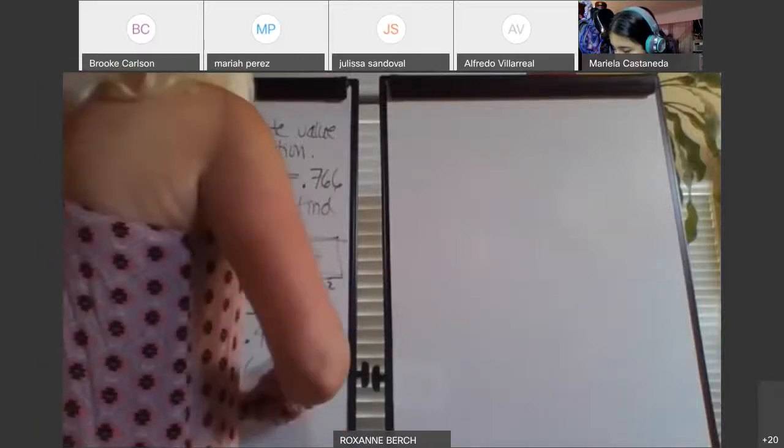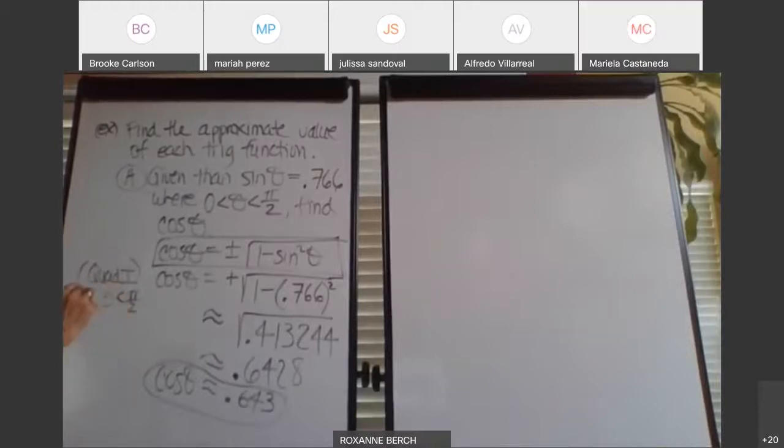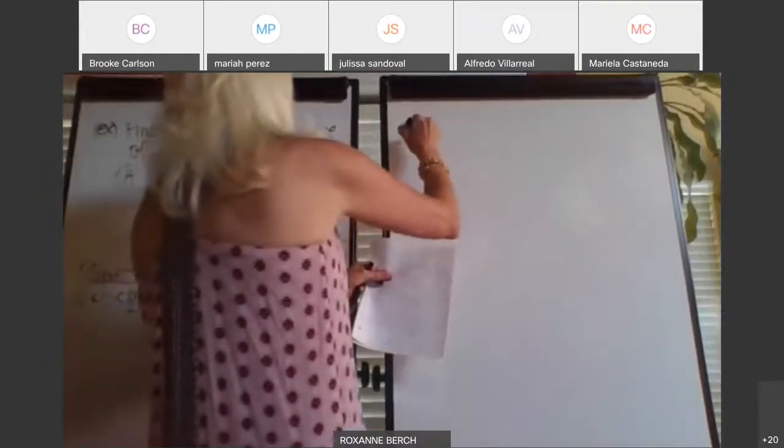Let's try another one. So this quadrant one was based on this fact. It has to be less than pi/2 radians and greater than 0 radians. The next problem.